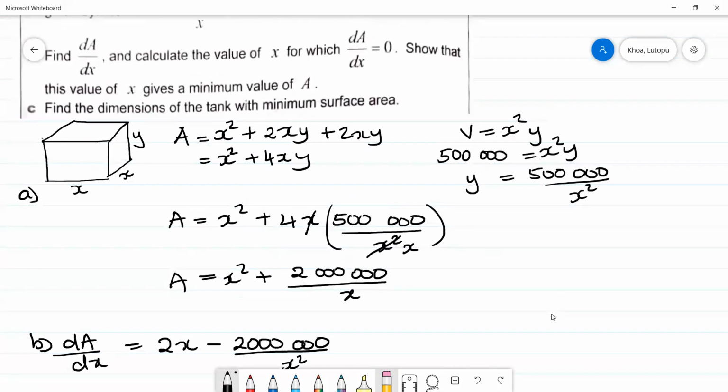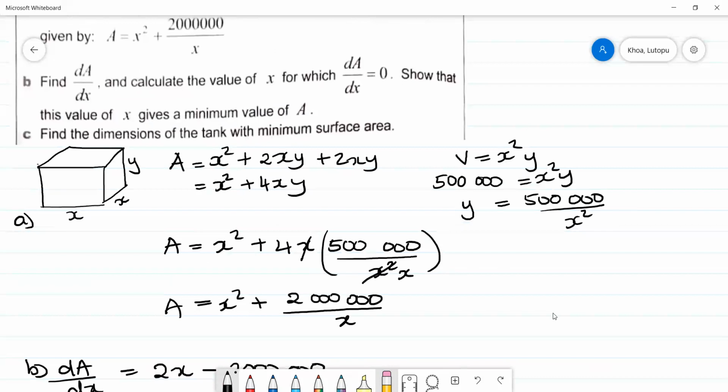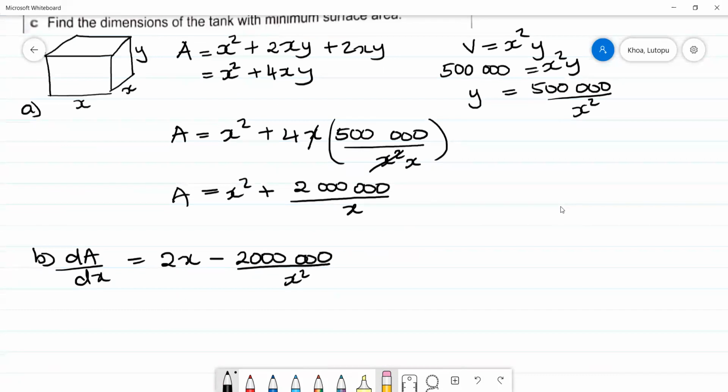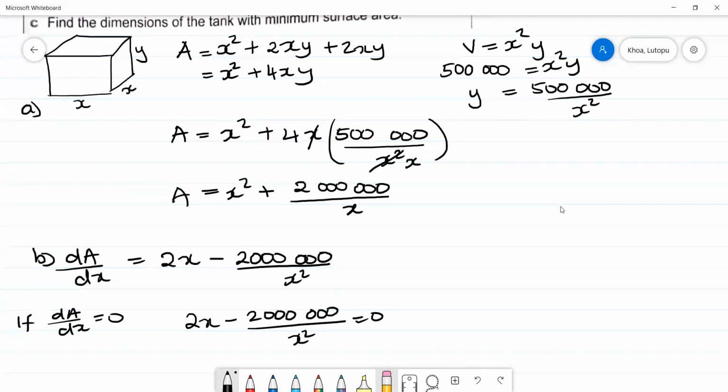Okay, that is our derivative. Then calculate the value of x for which dA/dx is equal to 0. So if dA/dx is equal to 0, that means we have 2x minus 2 million over x squared equal to 0.